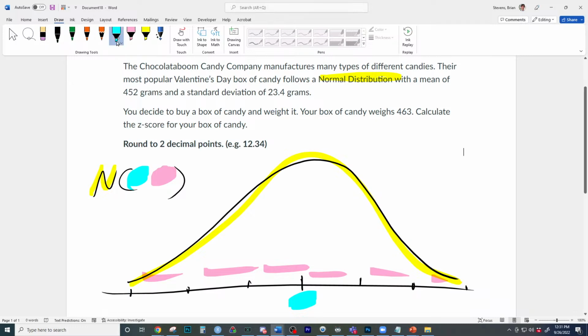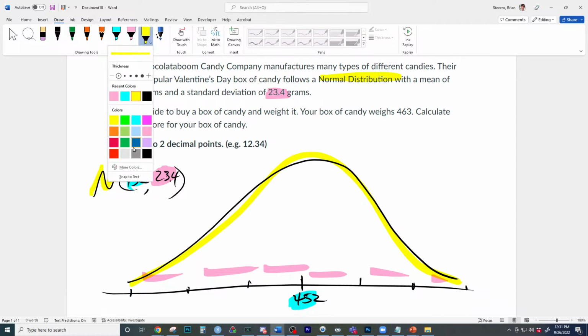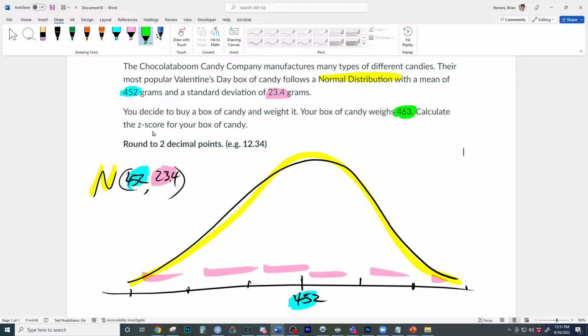So the mean of this curve is 452 and a standard deviation of 23.4. And remember, this is just helping us remember how to do this. It's not about solving one problem. It's about solving all problems. Now, this is really going to help us see where this z-score or this observation is at. We want to know about this, which is somewhere over here.